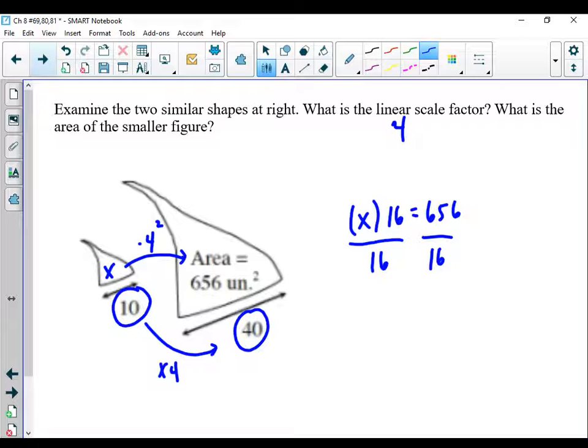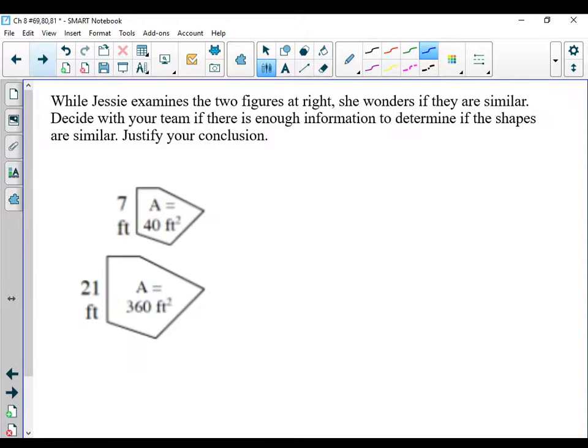When I take 656 divided by 16, I find out the original shape had an area of 41 square units. So just a variation of what you did on that first problem. Again, those are the last 2 problems on the Desmos activity.